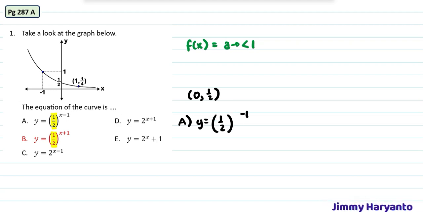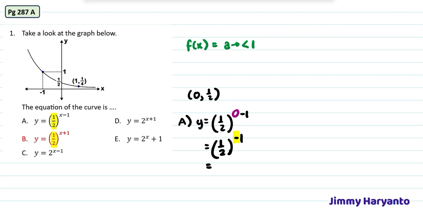You replace the x with 0, and then you will have half to the power of negative 1. Half to the power of negative 1 means the negative power means you have to flip the fraction. You have to find the reciprocal. The reciprocal will be 2, and then we still have to the power of 1, so 2 to the power of 1 equals 2.